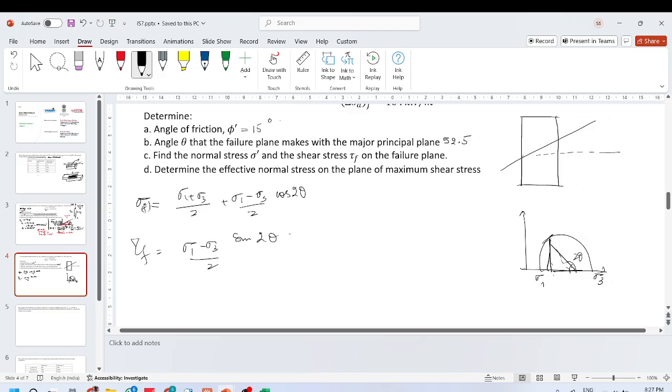So this is 90. This will be 180 minus 2 theta. Basically, this will be 90 minus 2 theta.